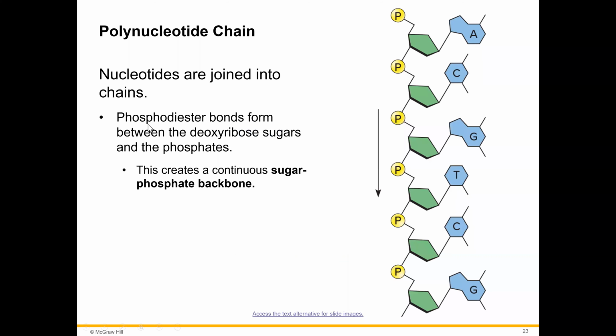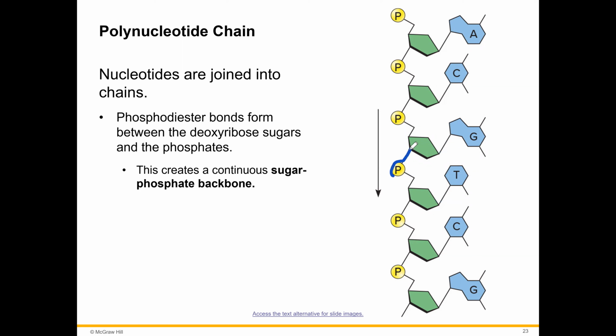Right, okay. Then nucleotides are joined into chains. Phosphodiester bonds form between the deoxyribose sugar and the phosphate, and this creates a continuous sugar-phosphate backbone. So here we have sugar, remember, and we have either purines or pyrimidines. So that's our base, and it's hanging on the side of the DNA molecule.